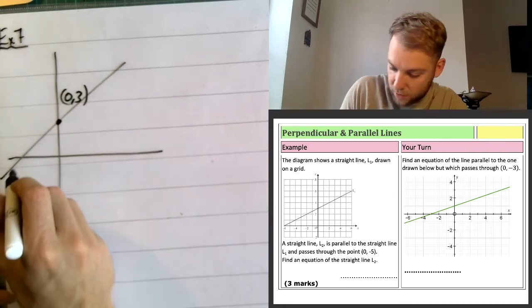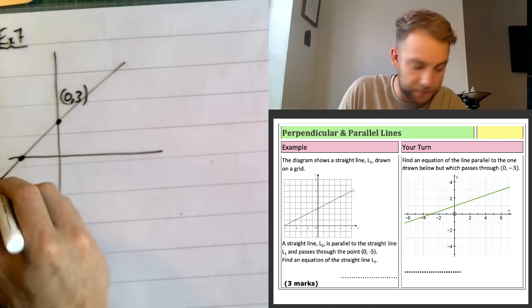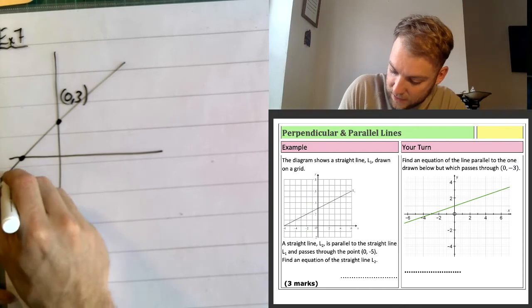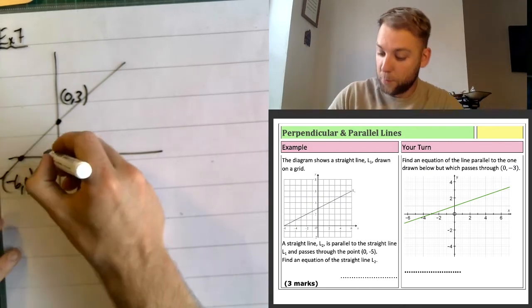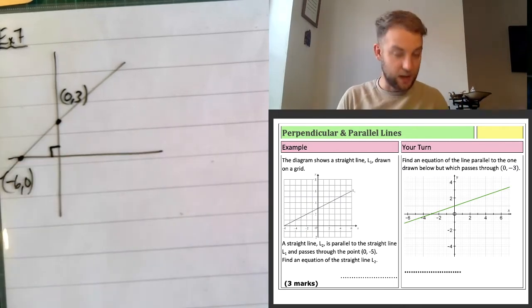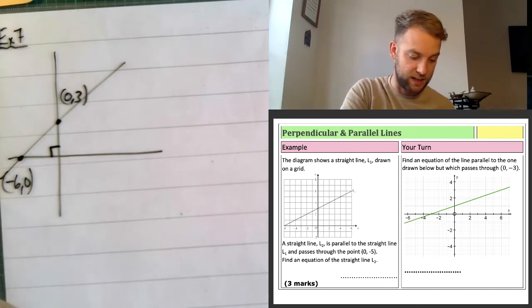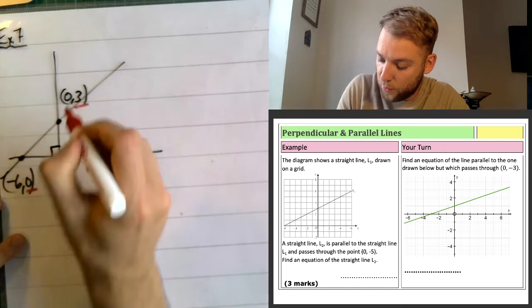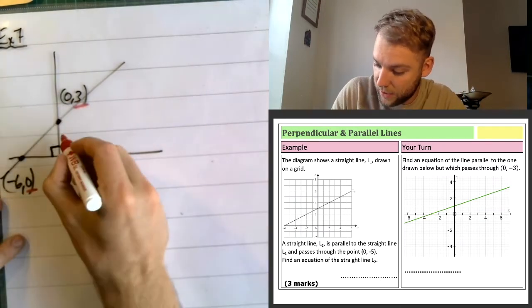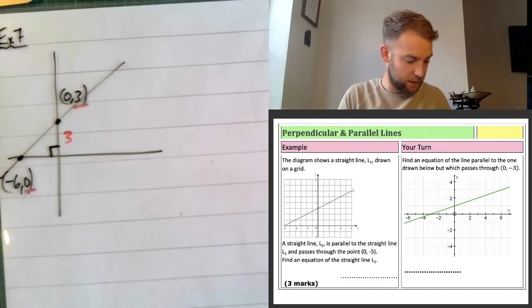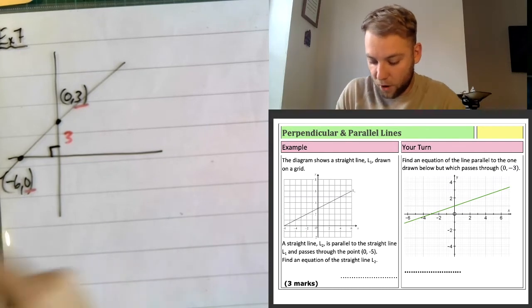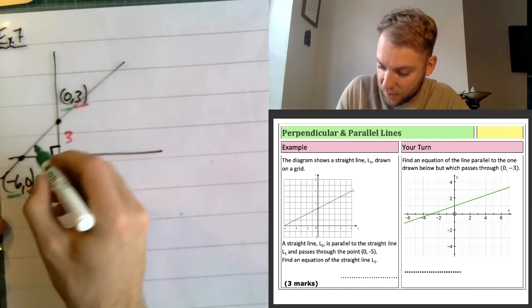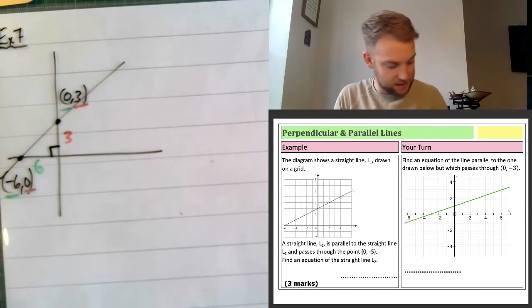And I'm going to pick this one here, which is actually negative 6, 0. Brilliant. Now remember, we create the right angle triangle. We see how high it is and how far across it is. In this case, I'm going from 0 to 3. So the height of this one is 3. Across, I'm going from negative 6 to 0. So across, I'm going by 6.